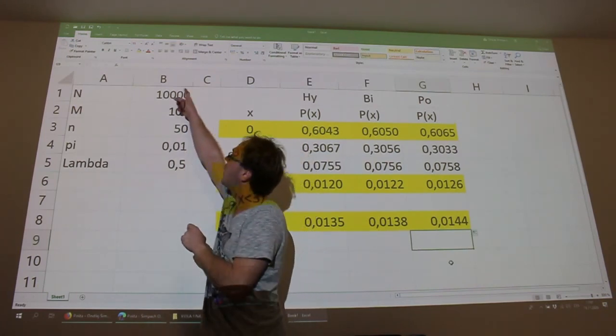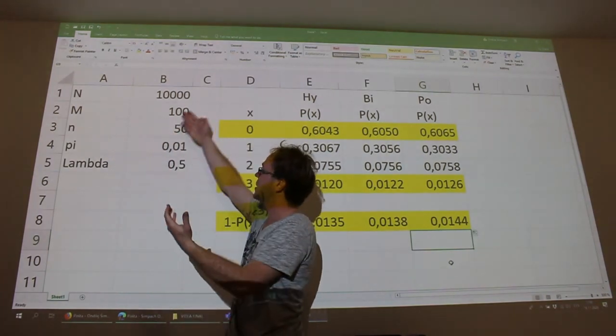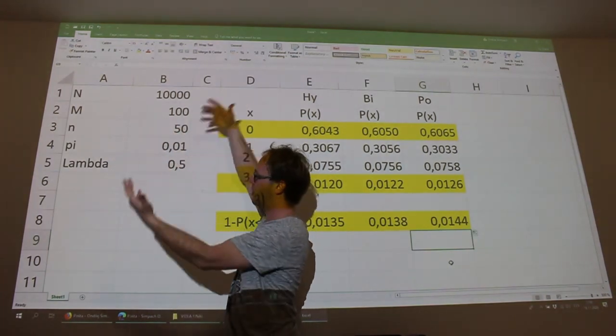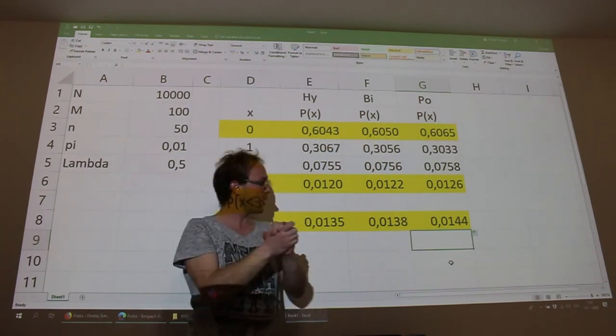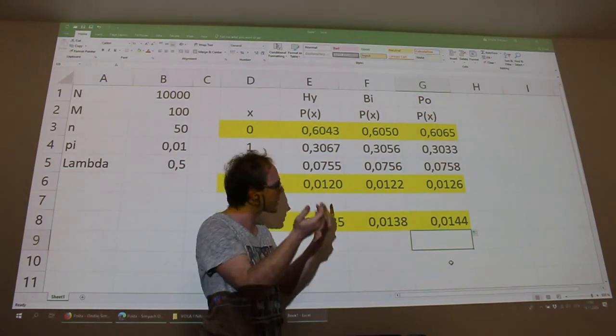If the population and the sample size values are higher, bigger, the results are more and more similar.